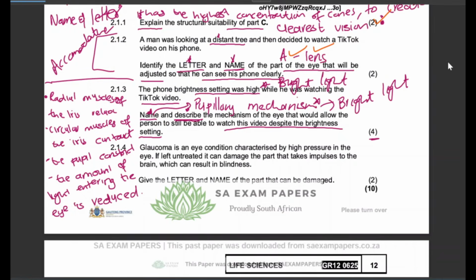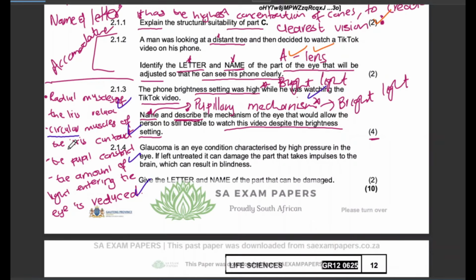Let me use a very different color. We named the mechanism. There's the 1 mark. Then the 3 marks is for the other points. Any 3 marks. Please make sure that you do not confuse saccular muscles with ciliary muscles. Those are the ones that we find in the ciliary body, and we speak about them when we speak about accommodation. All right.